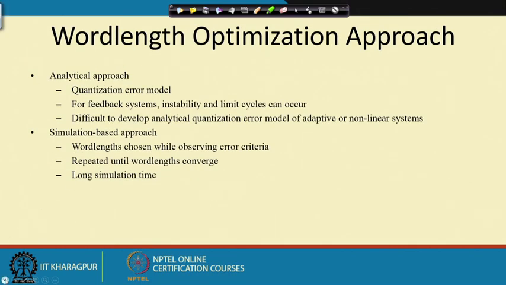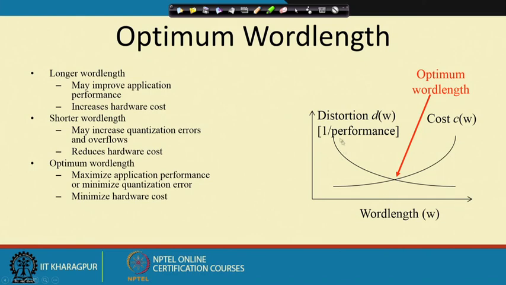So, where these two curves meet or intersect each other, that point is the optimum word length, where the cost along with the performance is optimal. We have to find this point, and the word length at that particular point is the optimum word length for your system design.